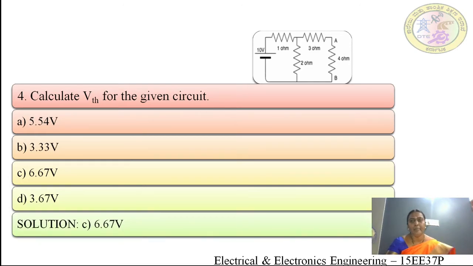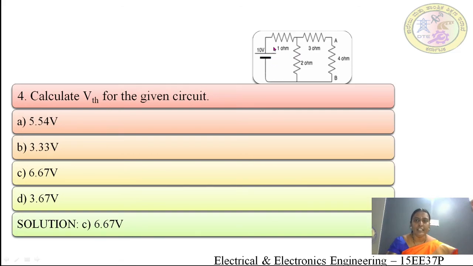Once again, I'll repeat the procedure. In order to calculate the Thevenin's voltage, first we have to remove this resistance, and then calculate the open circuit voltage across this resistance. If we open circuit this resistance, there is no current flowing through the 3 ohm resistor. The voltage source will be there as it is.